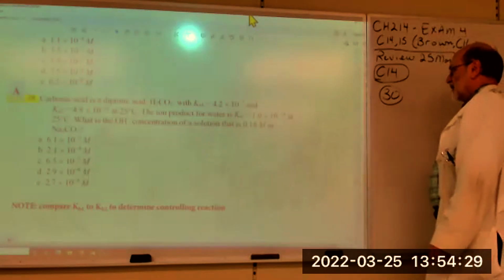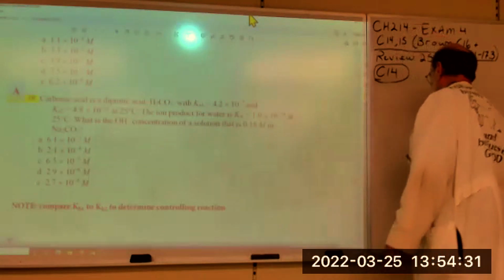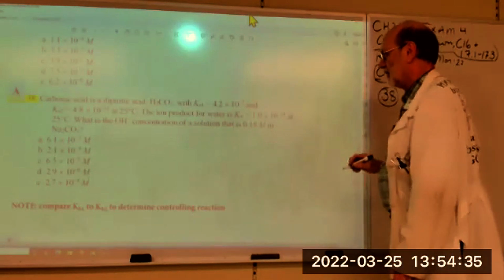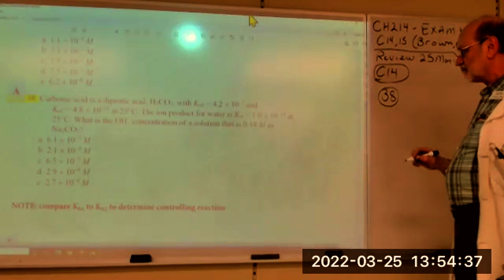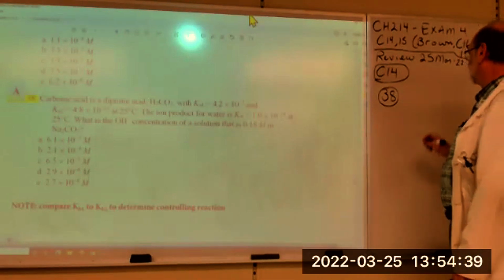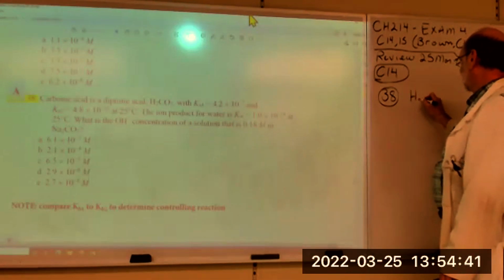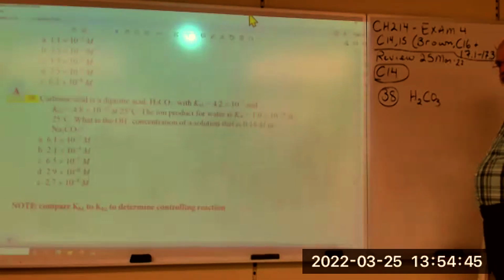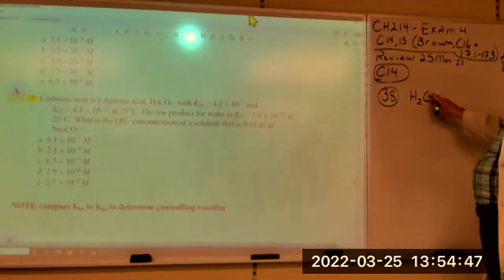Carbonic acid, 38. What is carbonic acid, by the way? Right, that's carbonate.